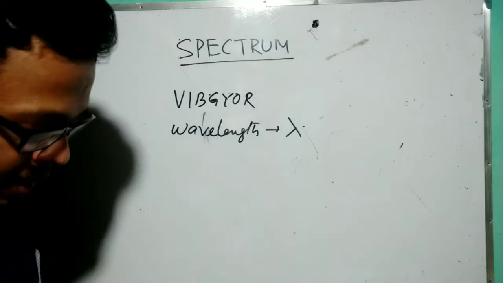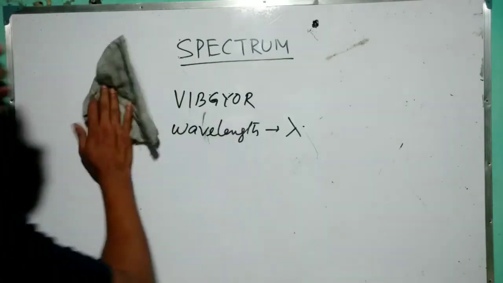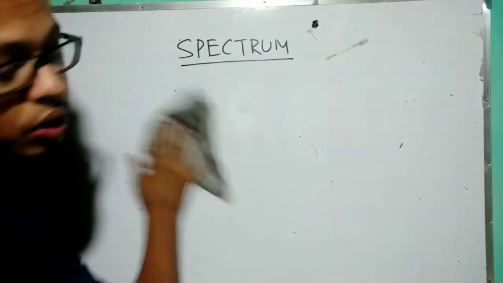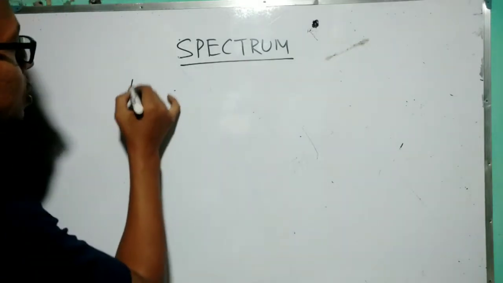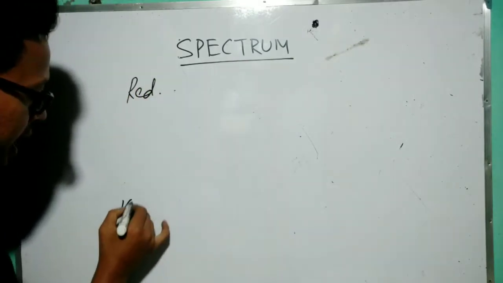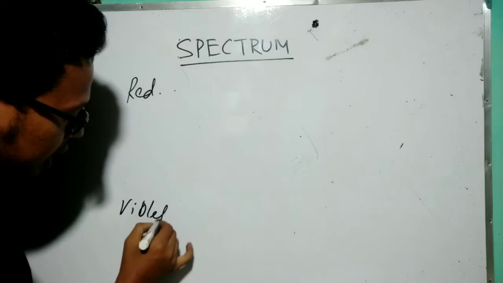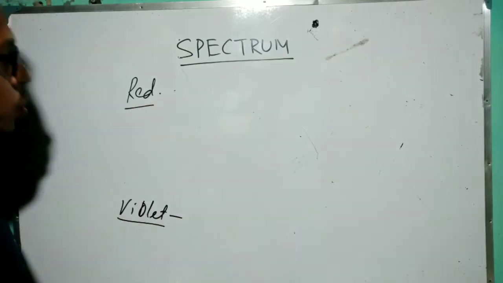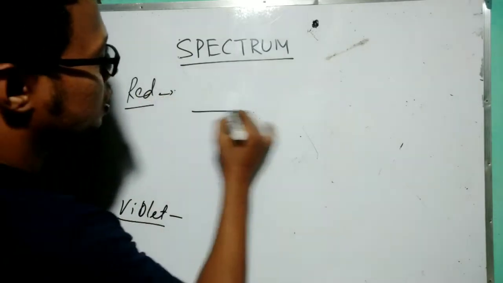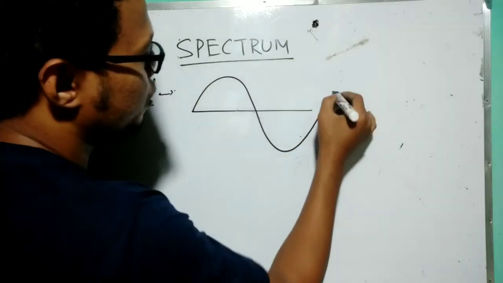Now I am explaining by the diagram. Before that, what I told, light is a wave. So I am taking 2 lights, red and violet. I am drawing the diagram for red.